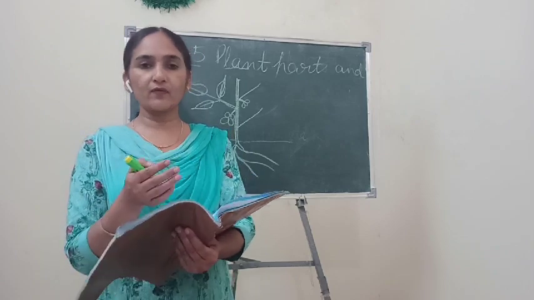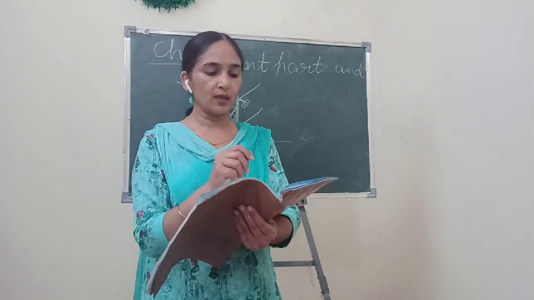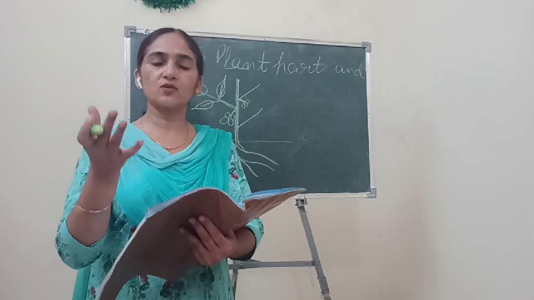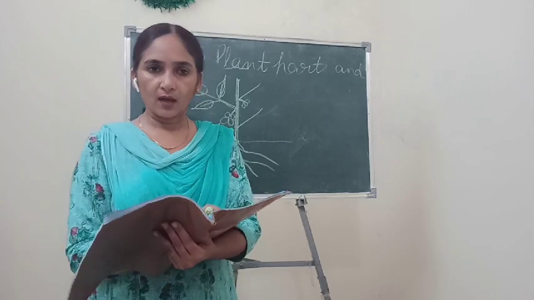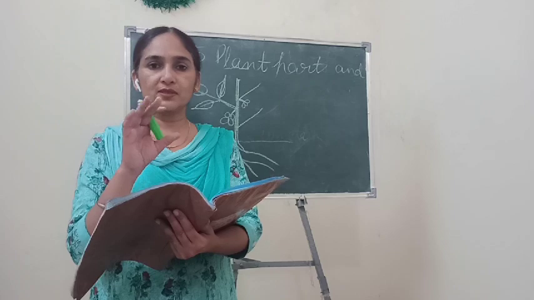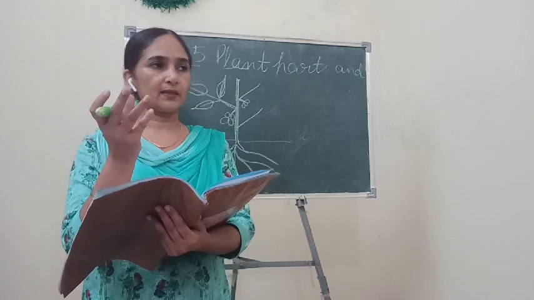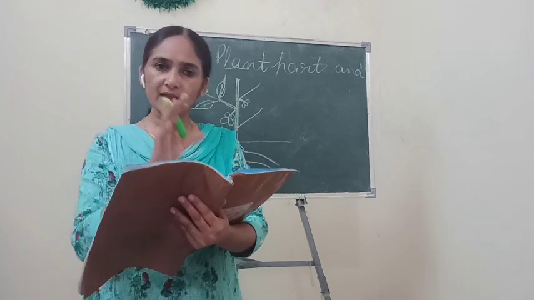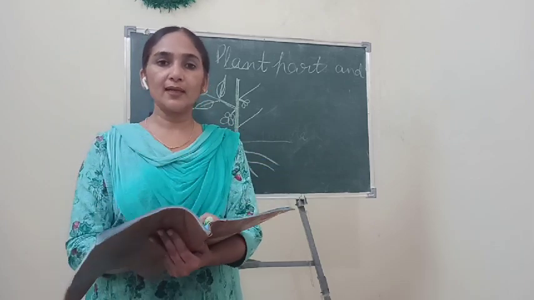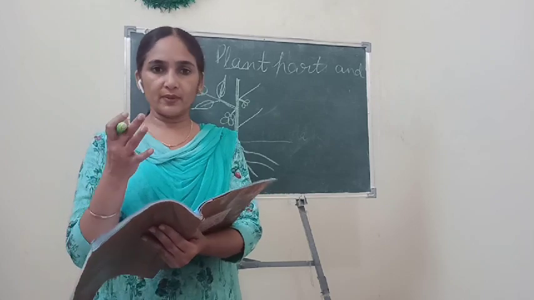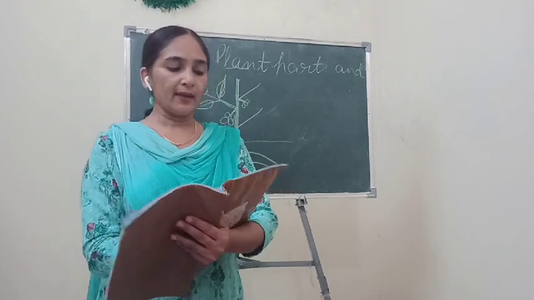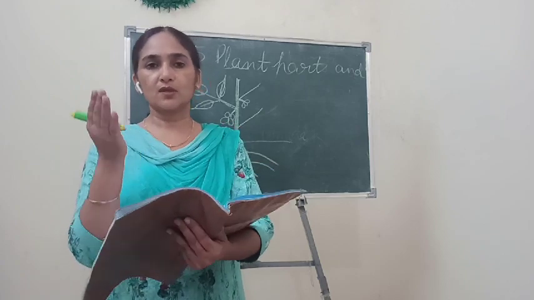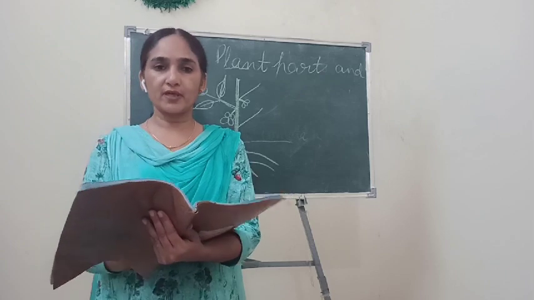Just like here they have given examples, cabbage, bandgobi, and spinach, means palak, and so many other leaves we also use as vegetables, like mustard leaves to make saag, and lal bhaji, bathua and coriander. So many leaves are there which we use in our daily life to make vegetables, and those leaves store food and we eat those leaves as vegetables.